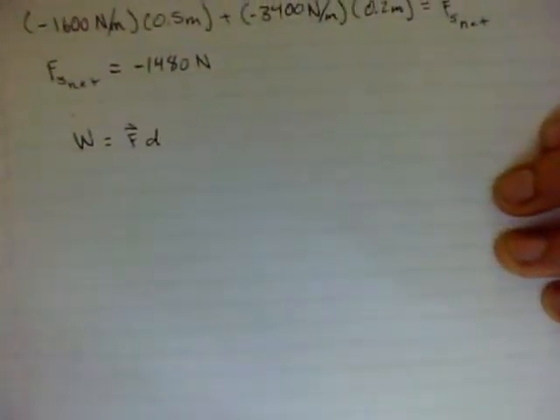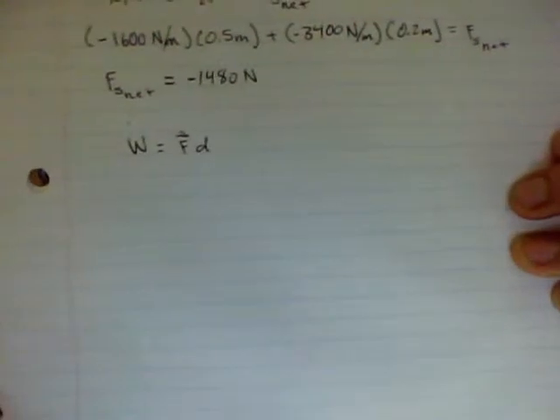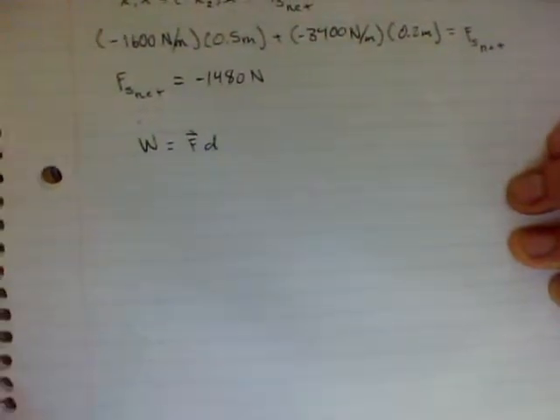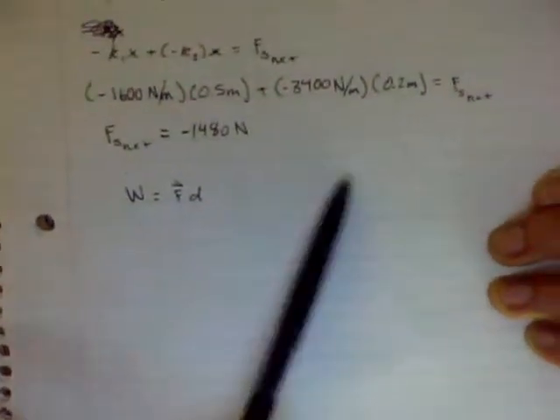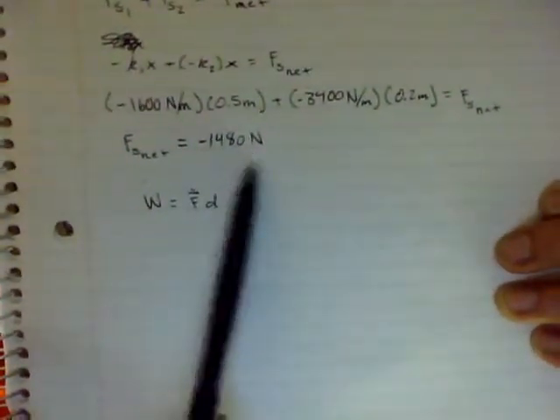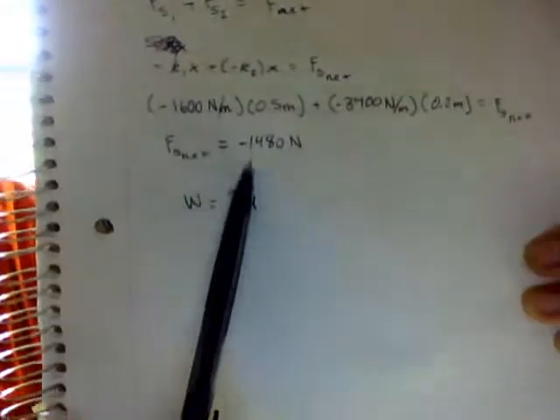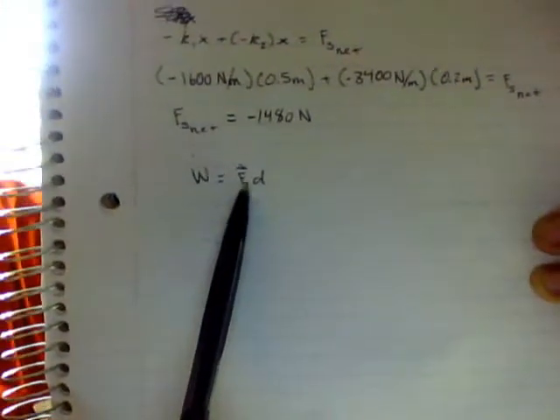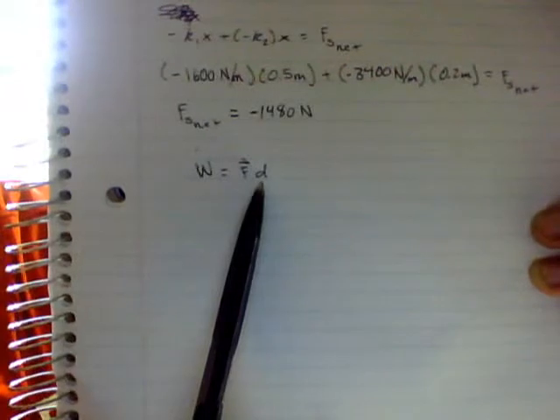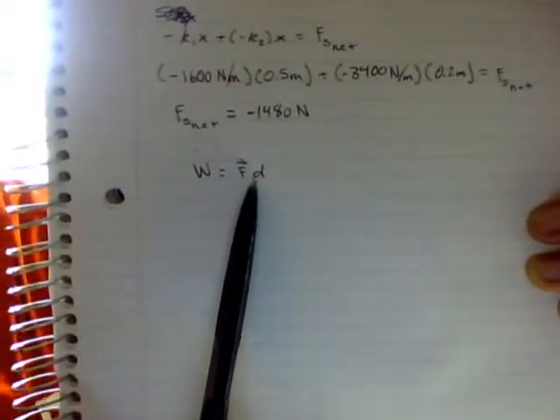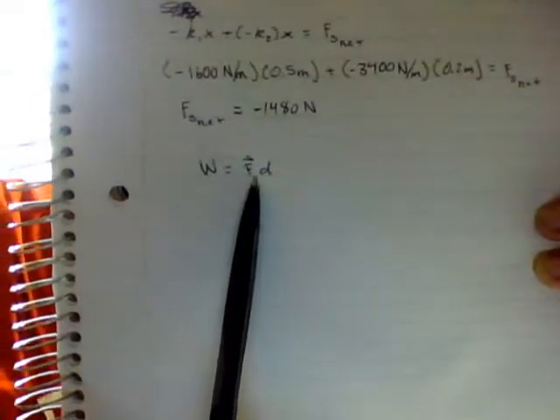And then just solve for work. So you're going to be plugging in this quantity for your F, and your displacement is going to be 0.5 meters, because that's the distance it takes for the car to stop.